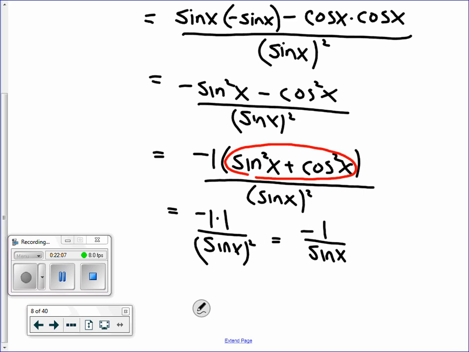So you can think of that as negative 1 times 1 over sine squared x, which would equal negative cosecant squared x. The good thing about a question like this is you know what the answer is supposed to be, so you can catch a mistake.